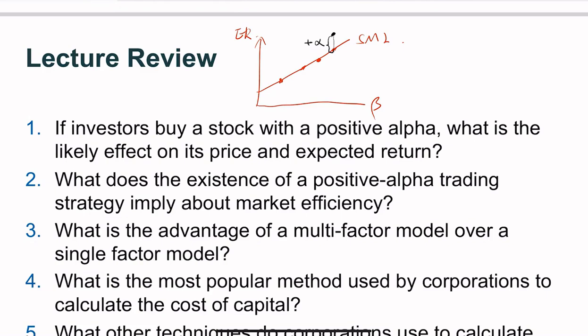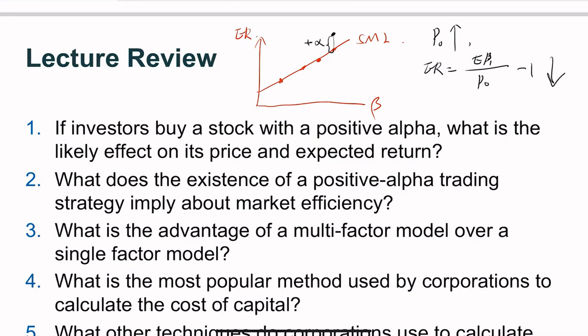So a lot of traders will rush to buy this stock. If a lot of buyers rush to buy this stock, the stock price, or today's price, will increase, right? And then its expected return, which is essentially the expected price in the future divided by today's price minus 1, should decrease, right?